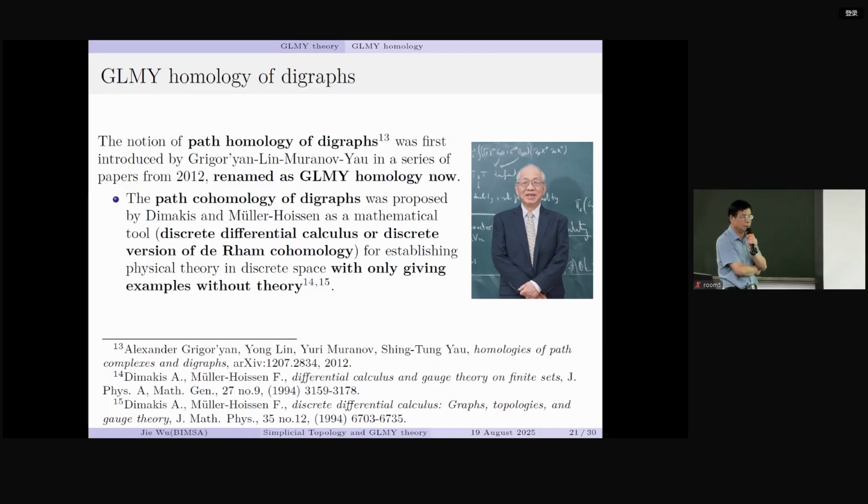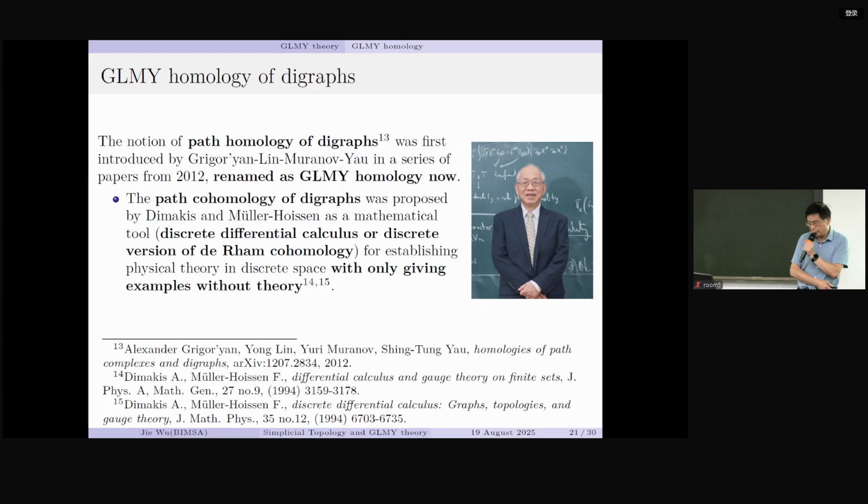On, say, topological data analysis and topological AI, so we want to push. And this theory exactly uses Professor Yau's theory, which produces topology on digraphs. Okay, so a digraph is a good model for complex networks.